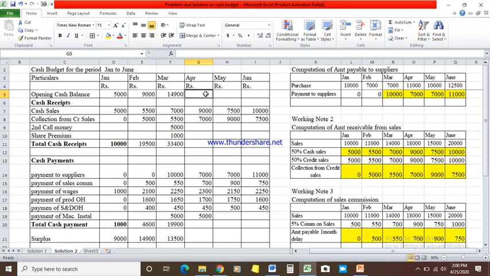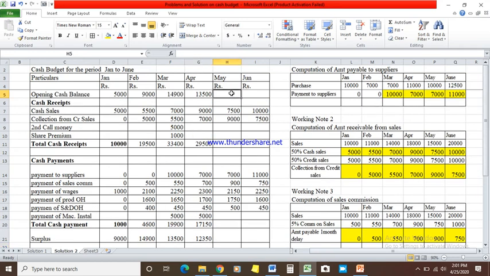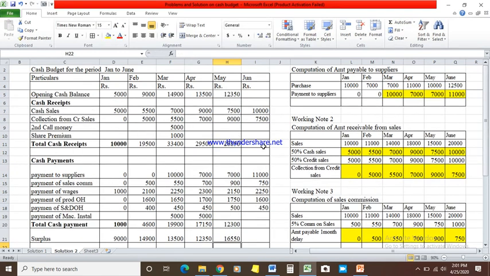In this way we need to go step by step in closing every month's cash receipts and cash payments. So again 12,350 becomes your opening balance. So again 28,850 minus 12,300, 16,550.